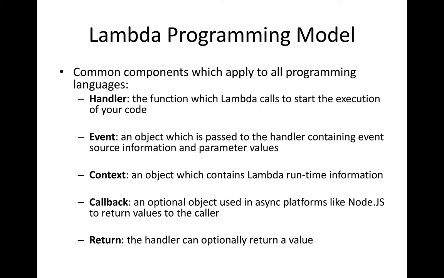Each Lambda function invocation is executed within a separate container, and there are some performance considerations you have to think about. You have to think about cold starts versus warm starts, and the fact that there are different types of Lambda functions and different programming languages might have different bootstrapping constraints.